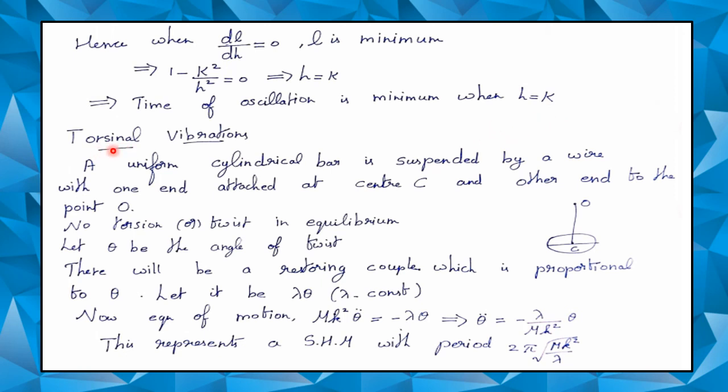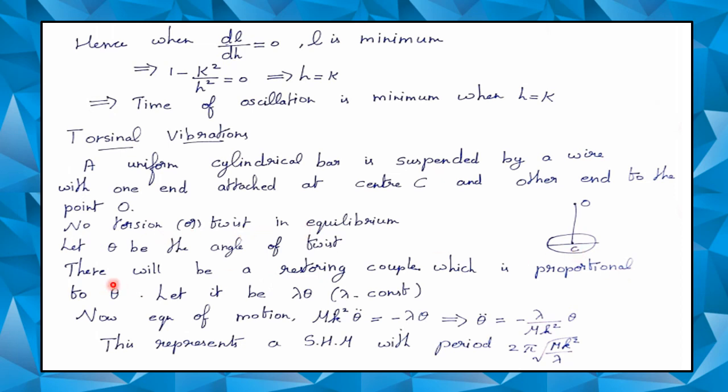And let us see what torsional vibrations are. A uniform cylindrical bar is suspended by a wire, with one end attached at center C and the other end to the point O. There is no twist or torsion in equilibrium. We know that in the equilibrium position there is no torsion or twist.